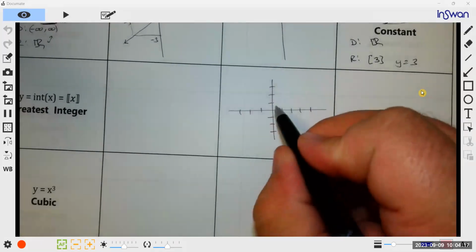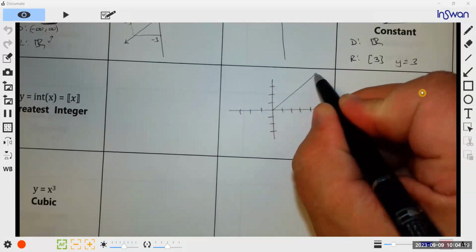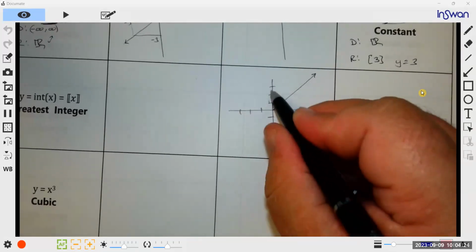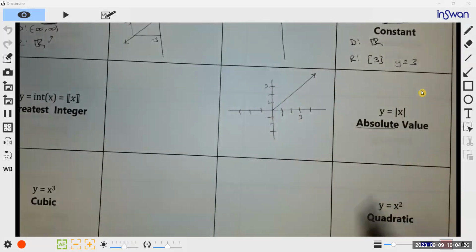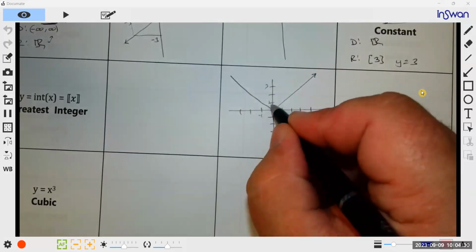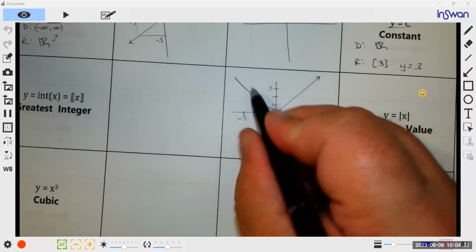That's a line. On the positive side, it goes like this. When x is 1, y is 1. When x is 3, y is 3. If x is -1, y is 1. When x is -3, y is 3.